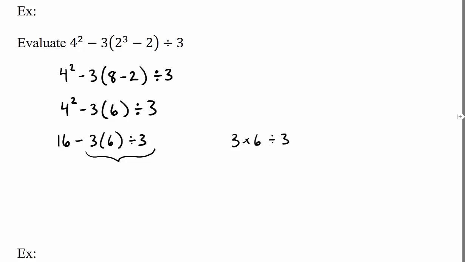Multiplication and division are done in the order that they occur left to right. So I'm going to do 3 times 6 to give me 18. I'm then going to take 18 and divide by 3 and get a result of 6. So this will be 16 take away 6, and then finally I can do my subtraction. 16 subtract 6 is 10.